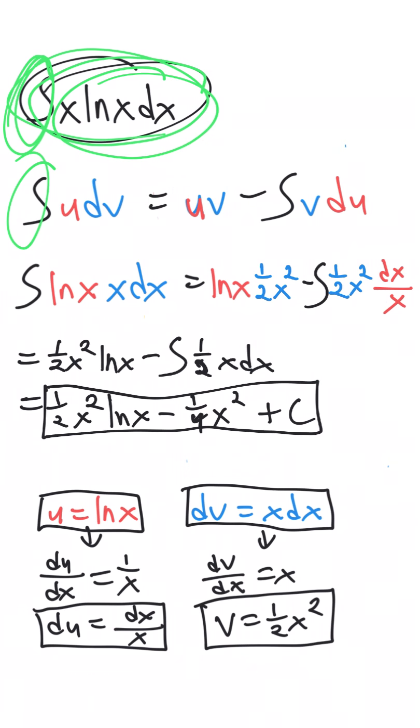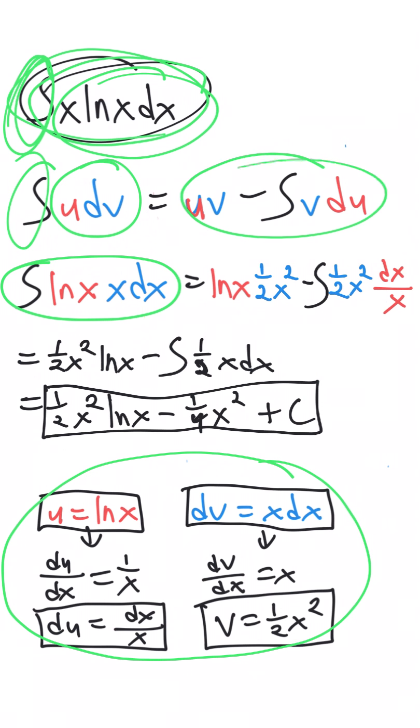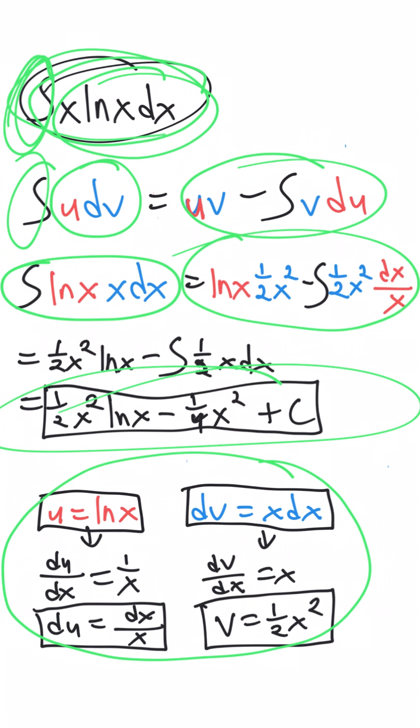So I had to assign x natural log of x dx somewhere into u dv, and I assigned it this way. If I had assigned it the other way around, it wouldn't have worked. After I do some work to get all 4 ingredients, I rewrite as uv minus integral of v du, and then boom, got my answer. Don't forget my plus c.